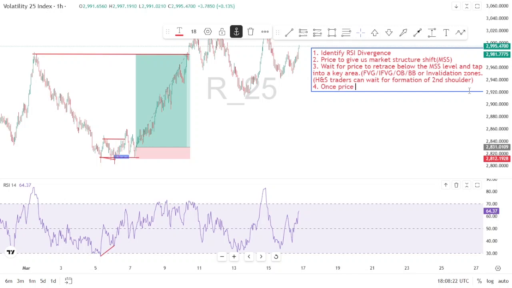Once price reacts, wait for price to retrace below the market structure shift level and tap into a key area.